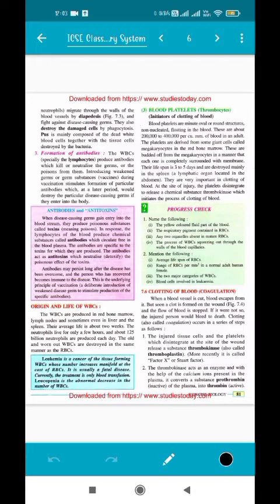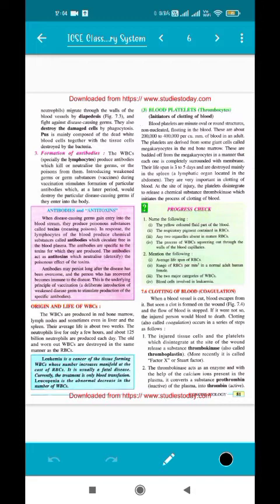So whenever there are injured tissue cells, or there is a wound somewhere, the platelets in that part start releasing a substance called thrombokinase or thromboplastin or factor X or Stewart factor. The thrombokinase acts as an enzyme, and with the help of calcium ions present in the plasma, it converts a substance prothrombin into thrombin.